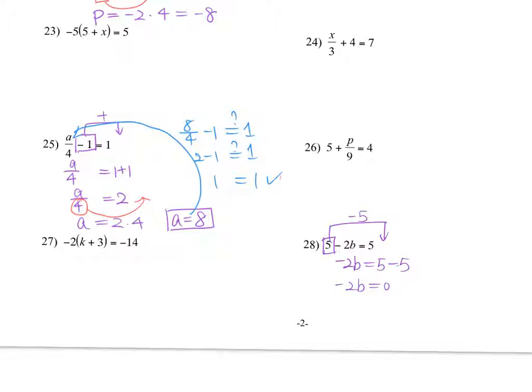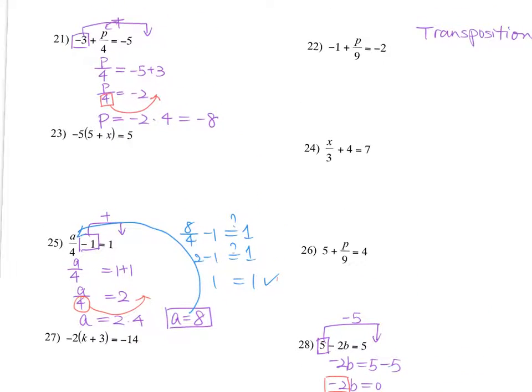And now I have -2b. Remember, all I'm trying to get rid of is this -2. And then, because that's a whole number on top, it's a numerator, I'm going to move that to the denominator. In this case, 0 divided by -2, 0 divided by anything is 0. So that's my final answer there.